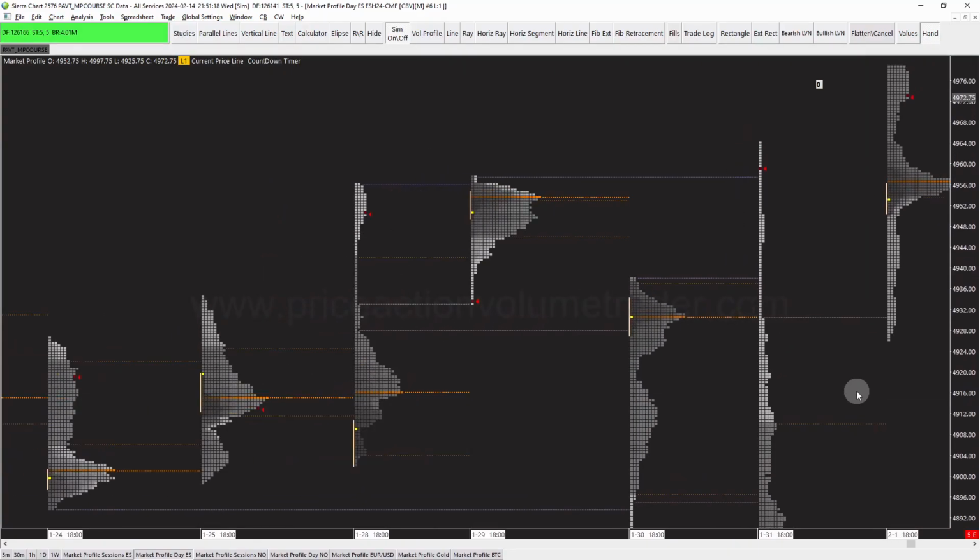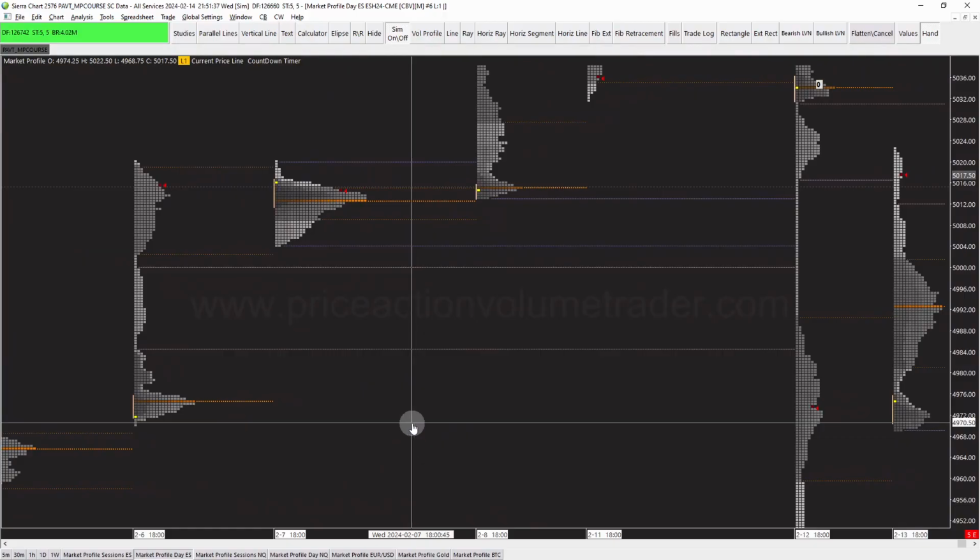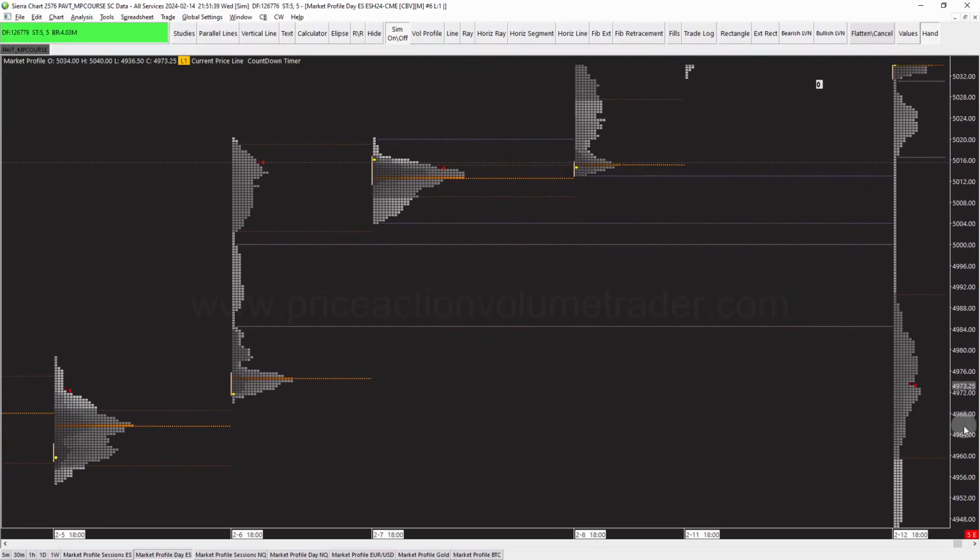So you can see, for example, right here, this poor high, we had this extension line up until the next time it is tested. This poor high, extension until the next time it is tested. So these are just useful things to have in order for you to be able to follow these markets here.